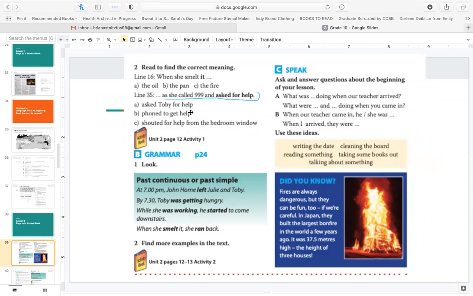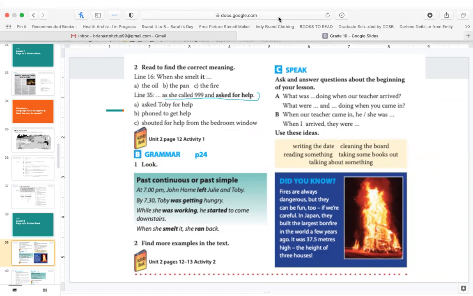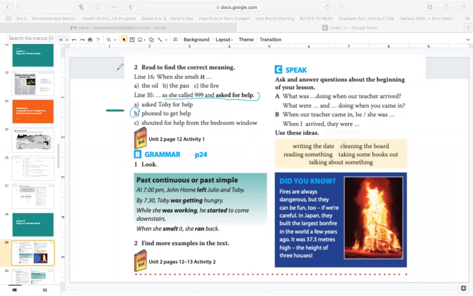So, did she ask Toby for help? Did she phone to get help, or did she shout for help? Well, she actually phoned to get help. If you look back, you'll see she went and got her phone and she called 999 and she asked for help. So the answer is B.